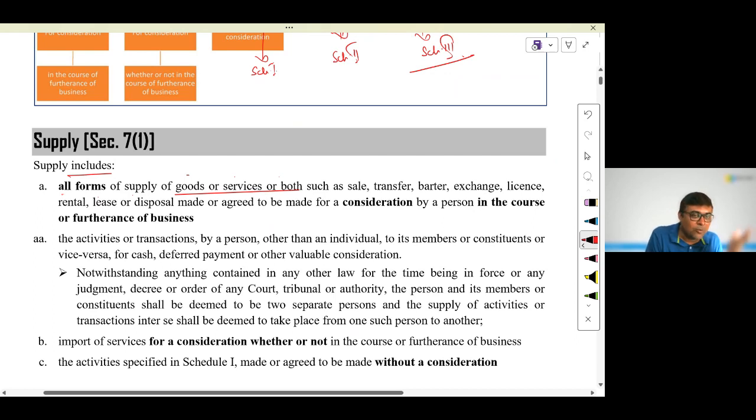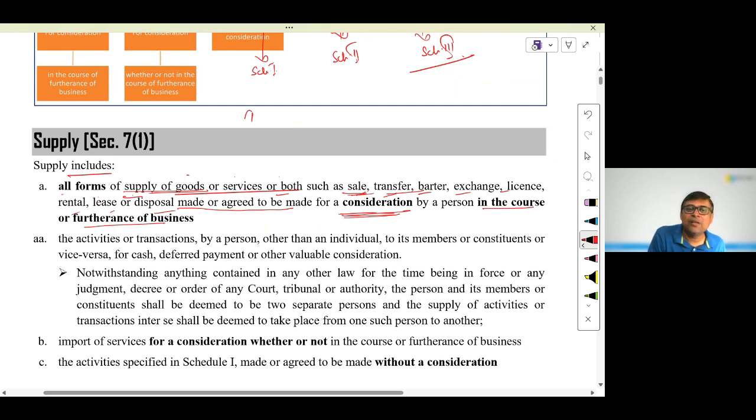The mode of supply may be through sale, transfer, barter, exchange, license, rental, lease, or disposal, made or agreed to be made for a consideration, by a person in the course or furtherance of business.